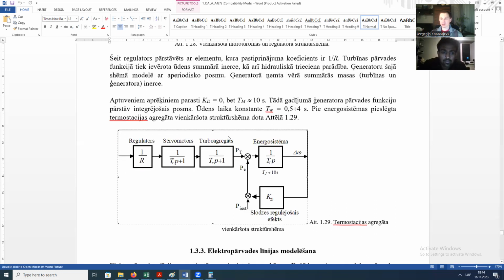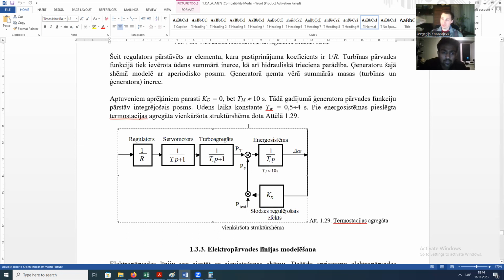And this is the question: how could we regulate this generator? In other words, if we have a frequency deviation, how could we represent this frequency deviation in megawatts? For example, if we have a frequency deviation of 1%, how much power do we need to increase or decrease to keep the system in balance?